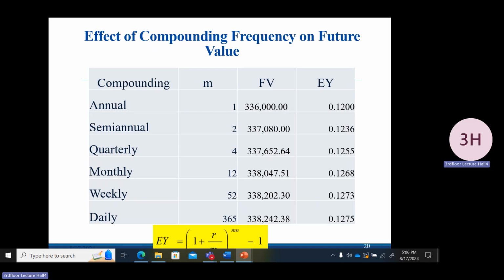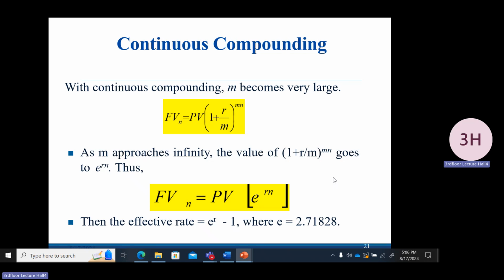So this is happening even in the world. Continuous compounding is happening. Some investments are there, interest is paid continuously. So when compounding happens continuously, how do we calculate the future value and the effective rate? You have to apply statistics here with continuous compounding. This is our formula. With continuous compounding, n becomes very large.